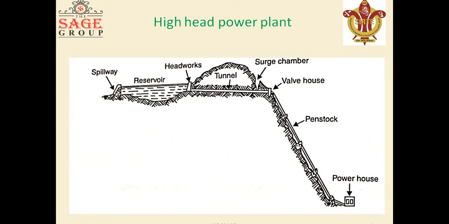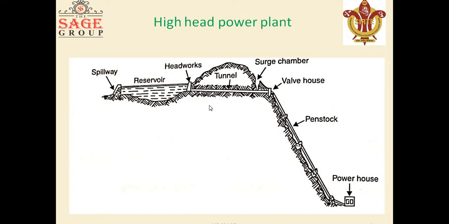This type of site might also be suitable for an underground station. Generally, one question arises in our mind: which type of turbine is used for high head power plants? The Pelton wheel is the common prime mover used in high head power plants.